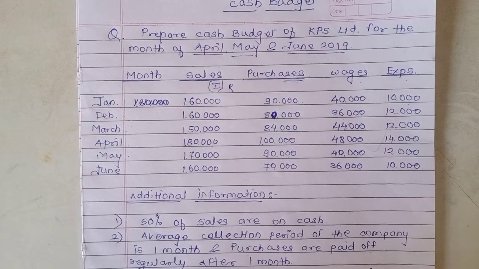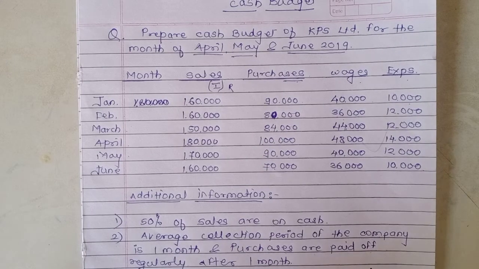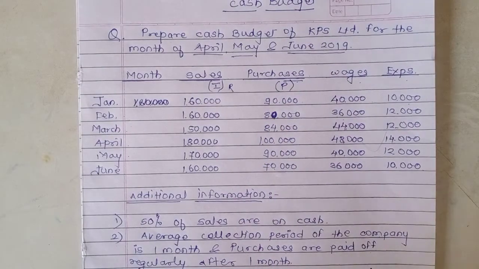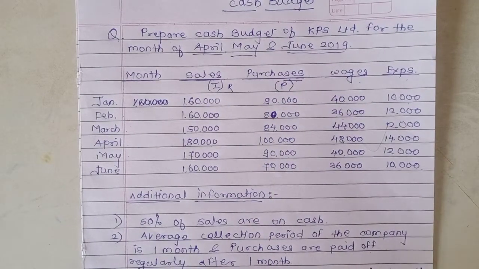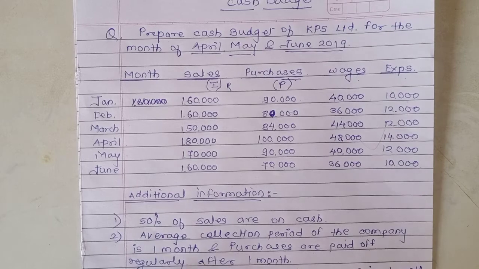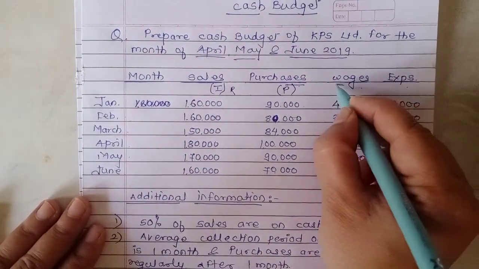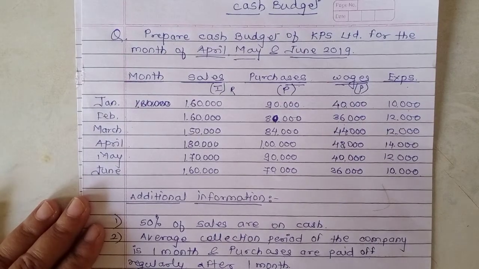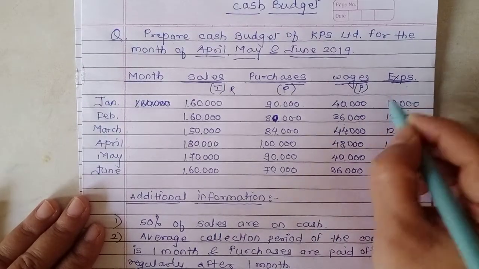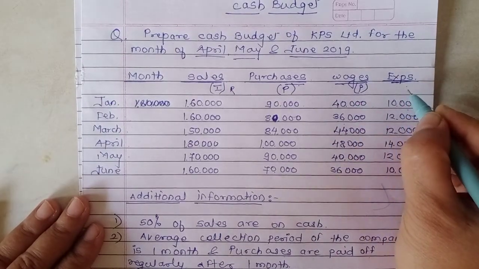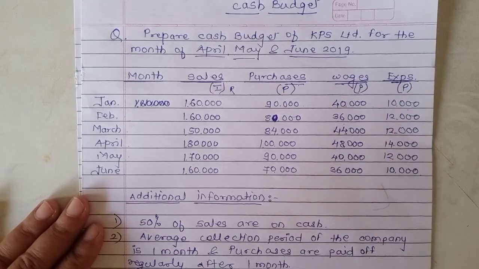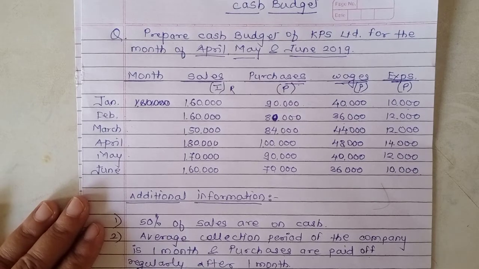Purchases: you are purchasing raw materials, that means you have to pay, either in cash or to your creditors. Next, you have to pay wages, so wages is also your payment. And apart from wages, you have to pay certain expenses, so expenses are also considered your payment.